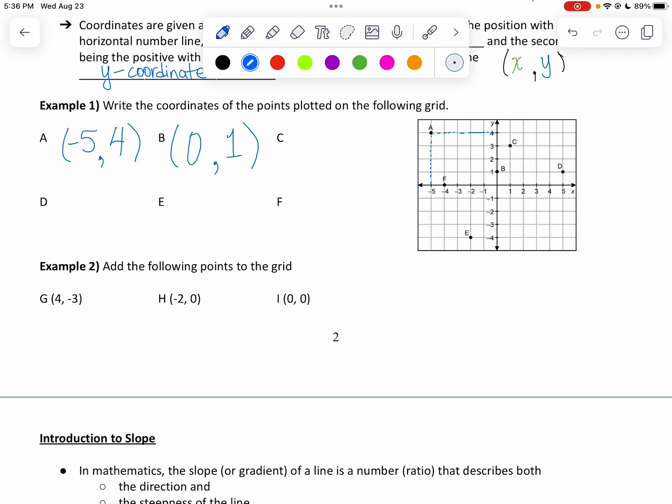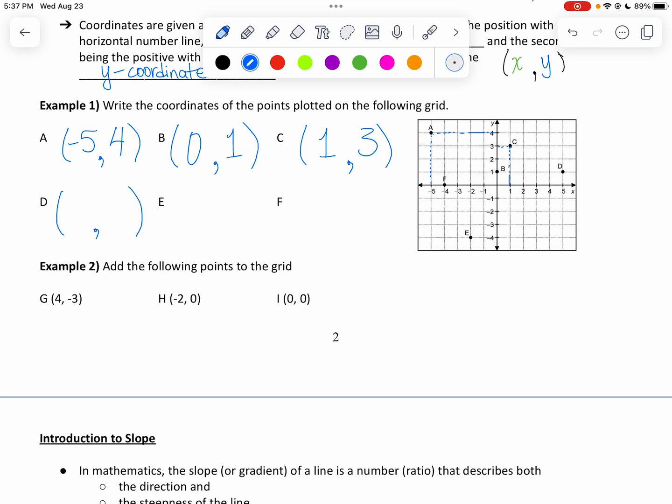Okay, for C. And if you're feeling okay with this so far, see if you can maybe pause the video and give these a try and then check your answers. For C, we're lined up with +1 and +3, meaning our values are going to be 1 for the x-coordinate and 3 for the y-coordinate.